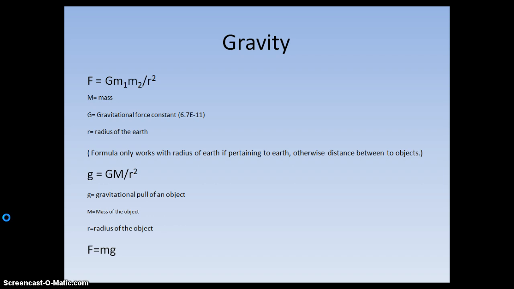And with the little g, we can use our most general gravity formula, force equals mass times gravity. And this is how we're going to calculate the force of an object directed by gravitational pull.